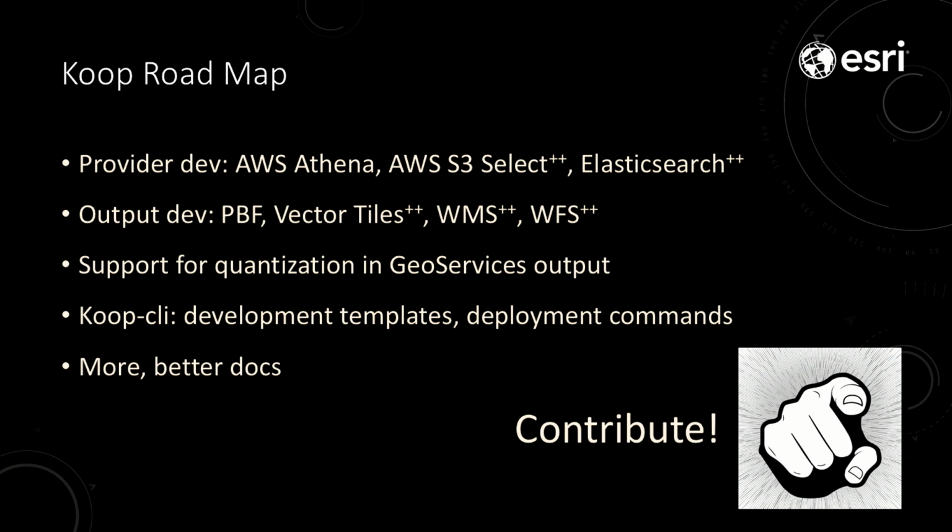In terms of output plugin development, we're going to be creating an output plugin for protocol buffers, potentially revamping some of the vector tile output, and continuing to develop on the WMS and WFS. We're hoping to support quantization in the GeoServices output plugin. And we're going to keep moving forward with the Koop CLI, probably some more development templates.